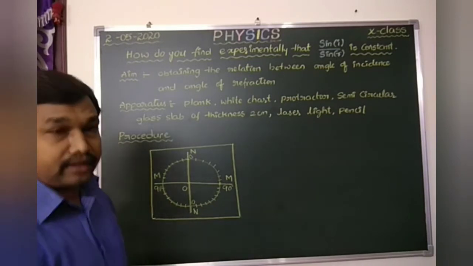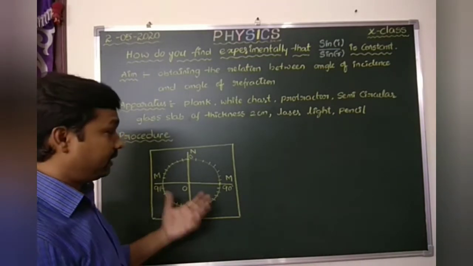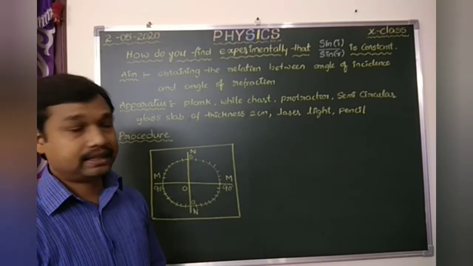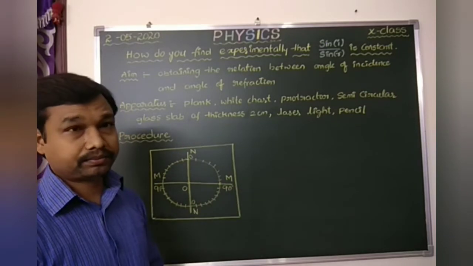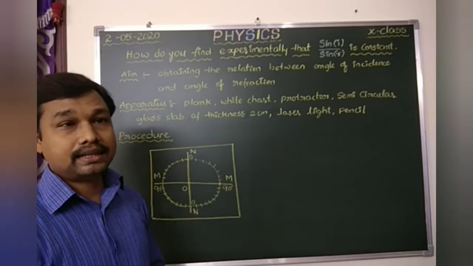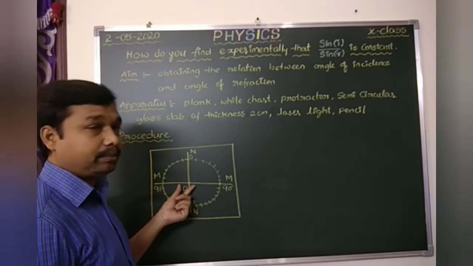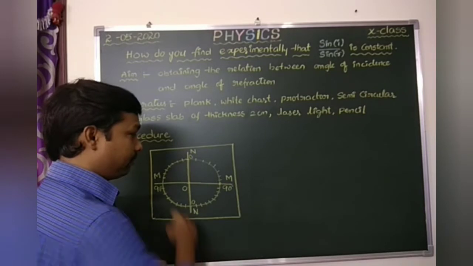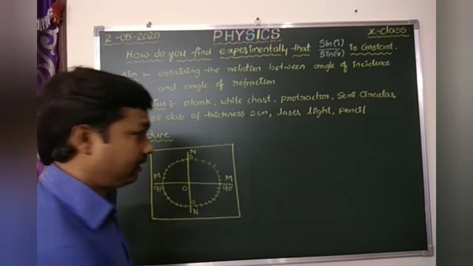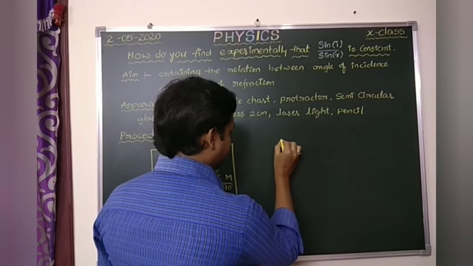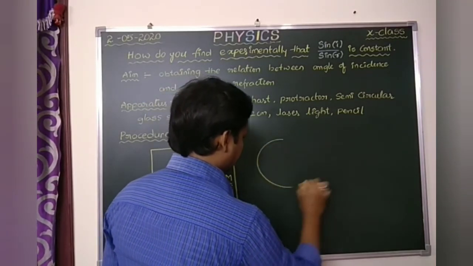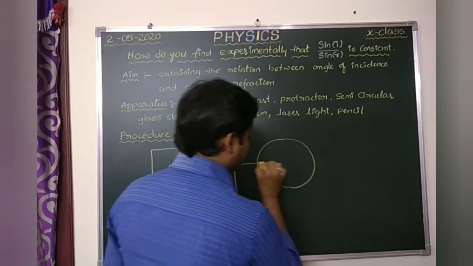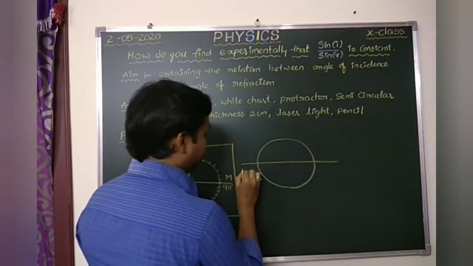After completing this, what do we need to do? We need to take a glass slab and place it along the MM line. The center of the glass slab must coincide with the intersection point O. Take the glass slab and place it over the MM line, along the horizontal direction.